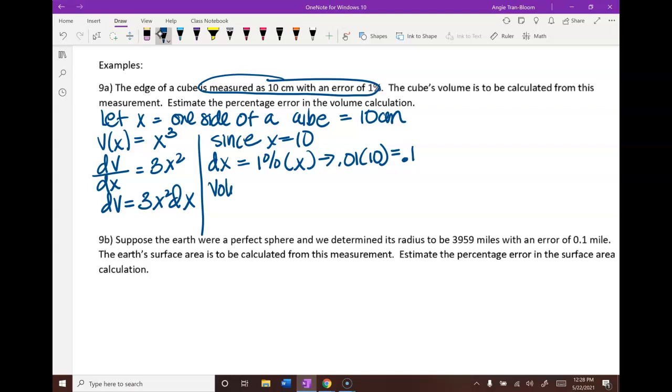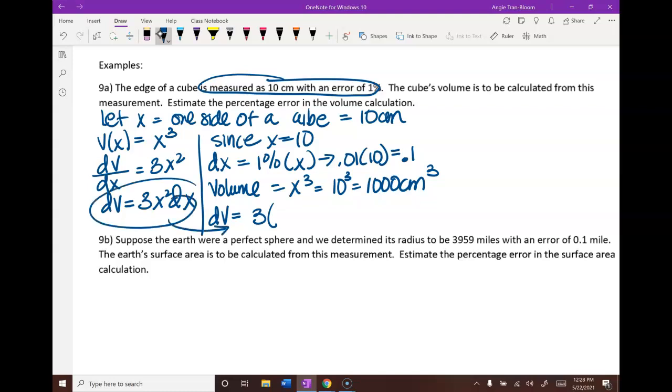So since our volume is x to the third, which is 10 to the third, which has a volume of 1,000 centimeters cubed, the change in volume that has the error is going to be 3 times, well, this is what I'm using right here, guys, 3 times x is 10, so that's squared. dx we calculated from here, so that's going to get multiplied to here.